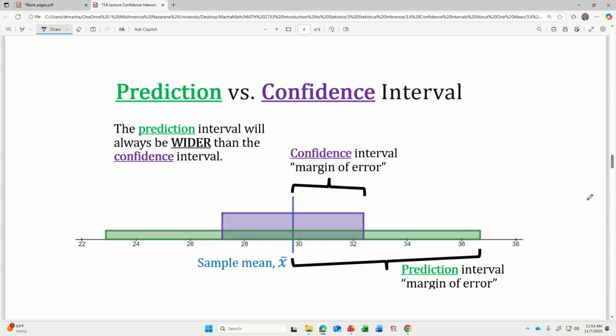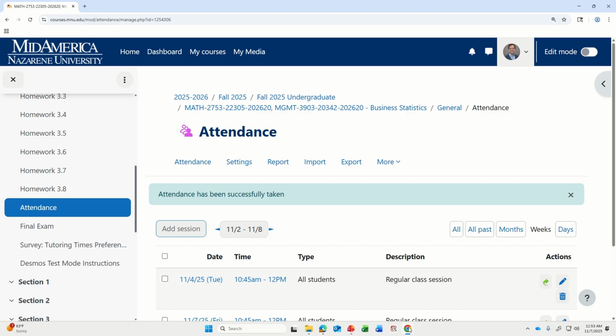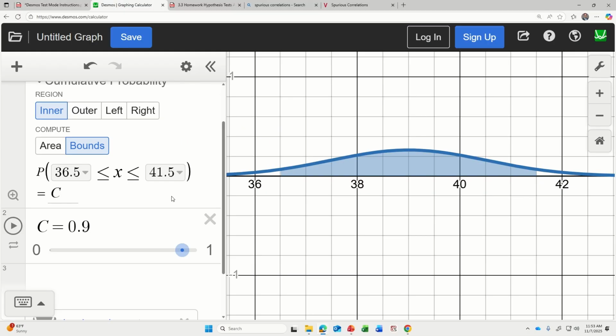But even then, you can imagine a shortcut for calculating the margin of error. Go into Desmos, create the confidence interval, do the upper bound minus the lower bound, and then divide by 2. Like, I could get my calculator out, and I could type in 41.5 minus 36.5.